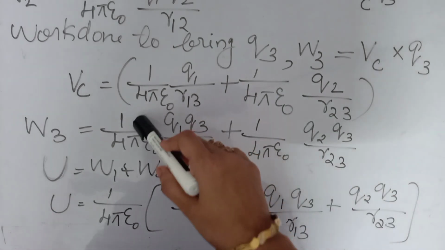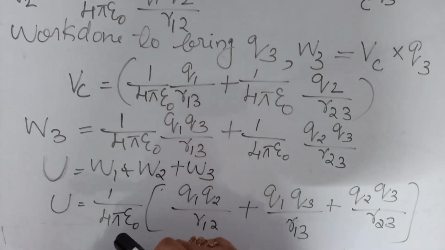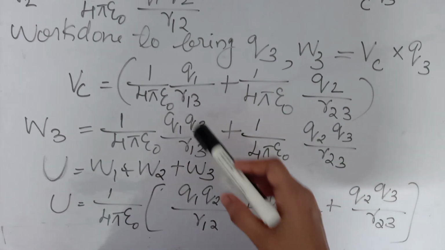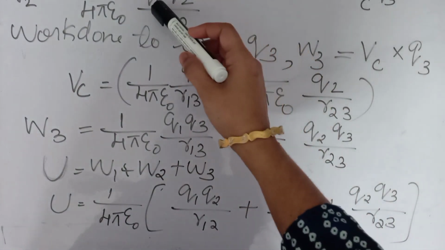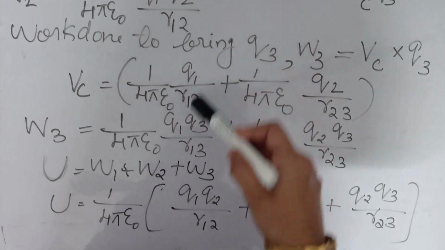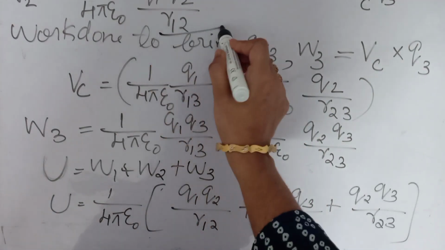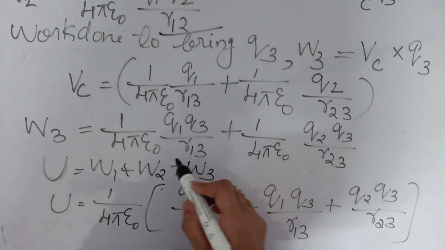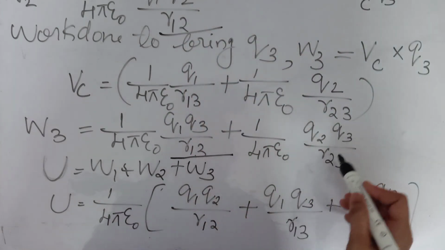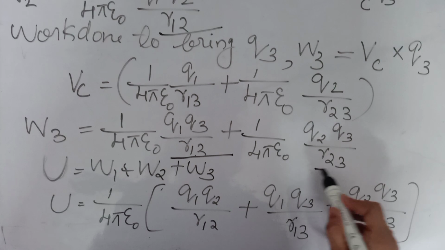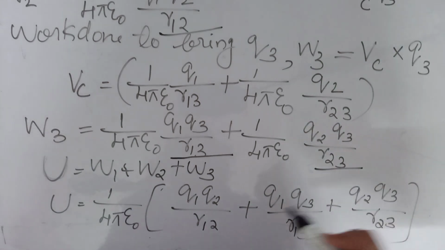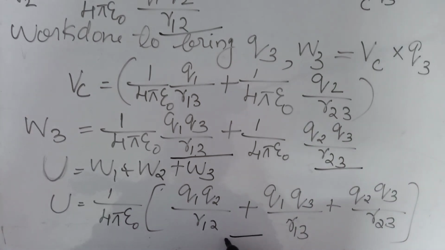Clear? So 1 by 4 pi epsilon 0 is common, so we can take it outside. Then inside the bracket q1 q2 by r12, q1 q3 by r13 plus q2 q3 by r23. So that will be stored as the total potential energy of the system.